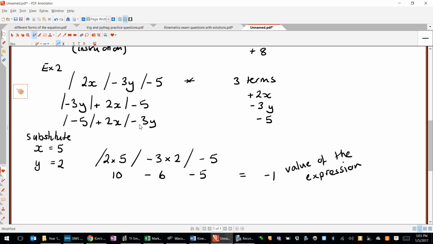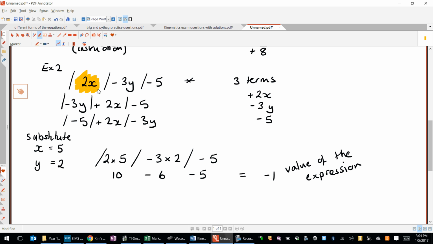Where did you write the 2 times 5? 2x means 2 times whatever x is.